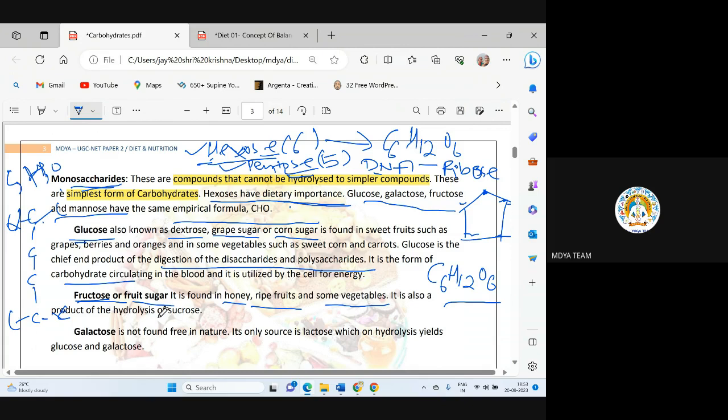It is the end product of hydrolysis of sucrose. This we will discuss later. So fructose is fruit sugar. Fructose is also found in one of our body cells. Can you name that cell? All the functions in our body are carried out by glucose, but only one cell uses fructose.